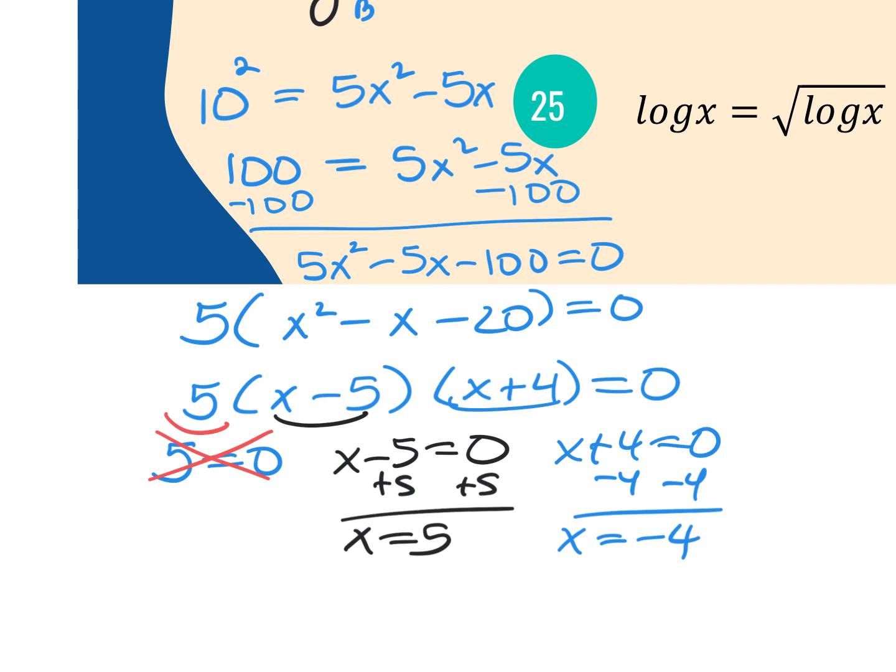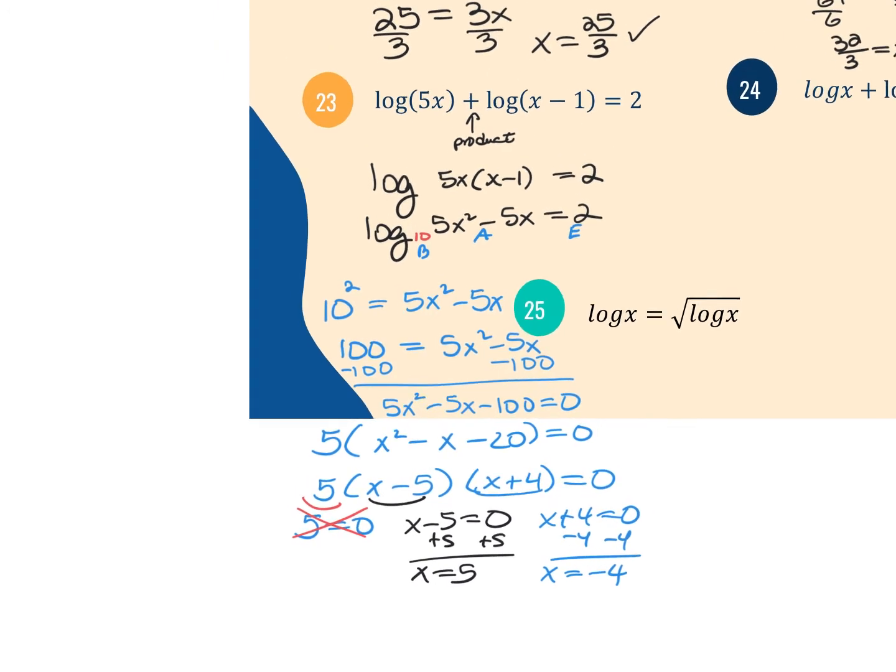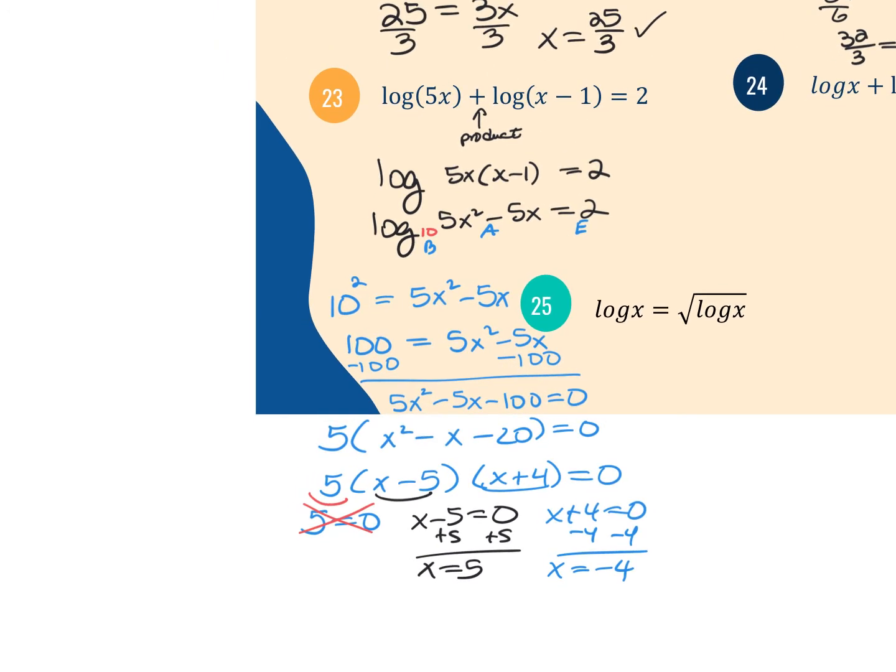My original equation was a log equation. I need to check it. As soon as I come up here to my original, if I plug in the 5, in 5 here to 5 times 5, that one works. If I plug in a 5 to this one, to the x minus 1, 5 minus 1 is 4, it works on that one.